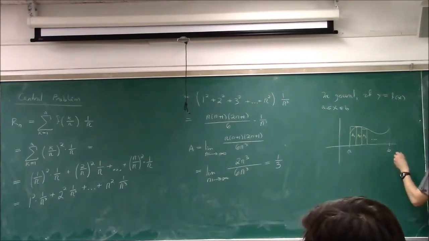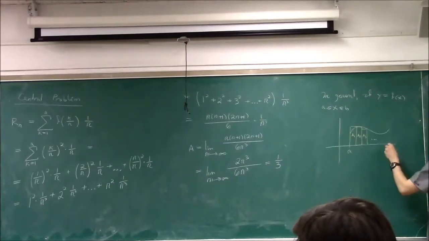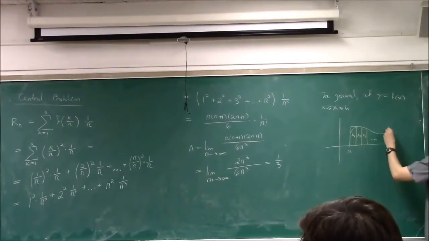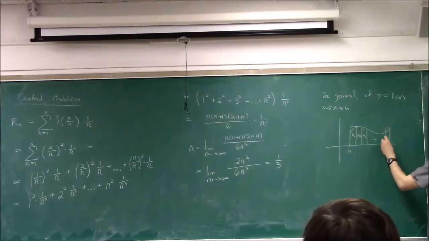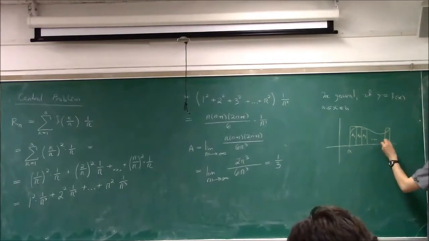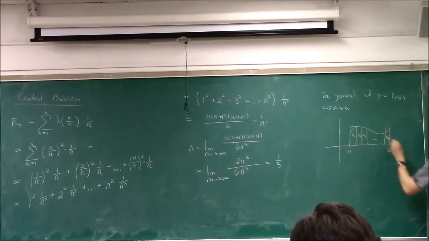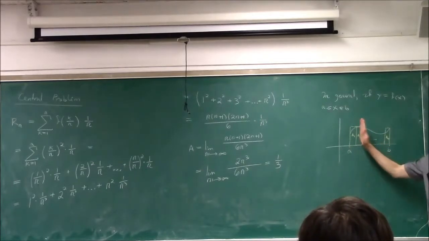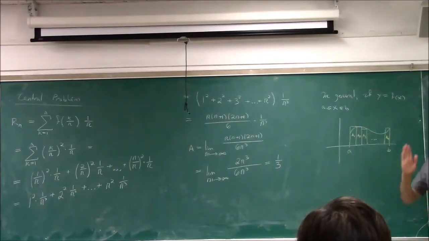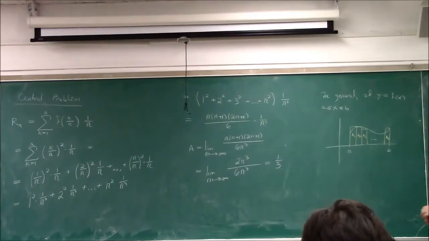And so on and so forth until we arrive at the last rectangle, A sub n. You see what we're doing? We're taking this curve and we imagine that we stick underneath this curve many very thin rectangles.